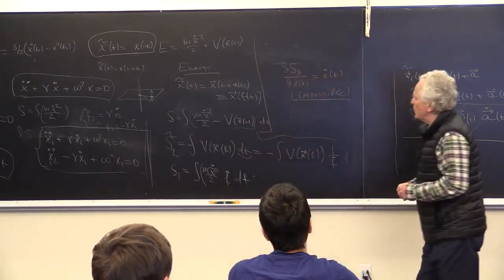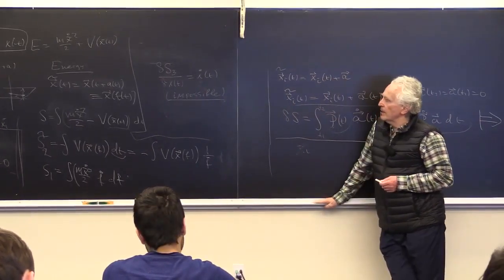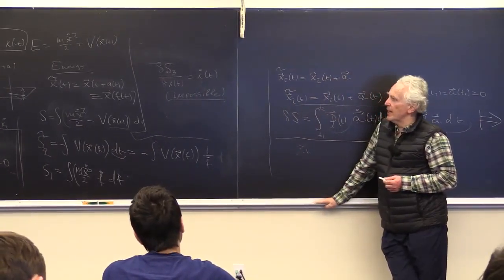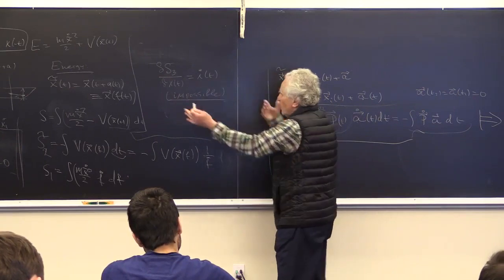The question is how to see that it is impossible to find an action like that.